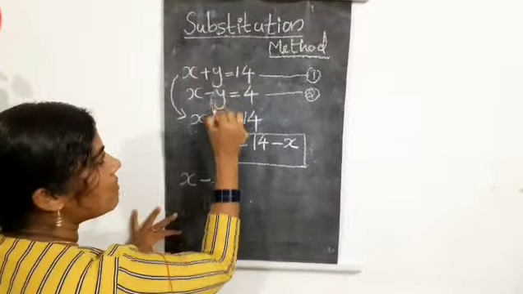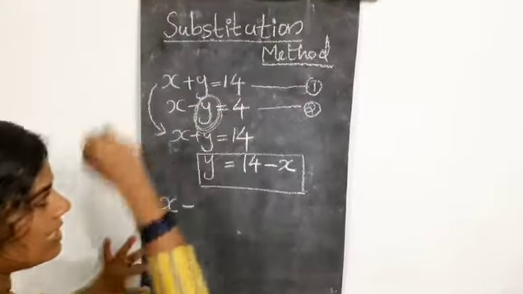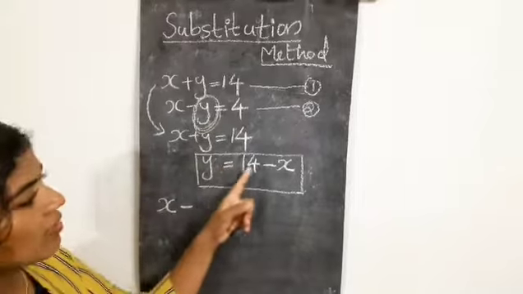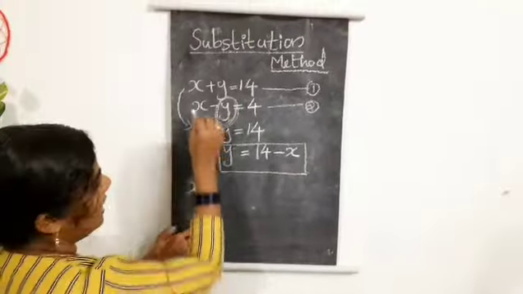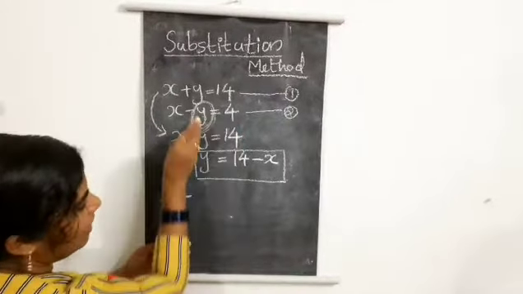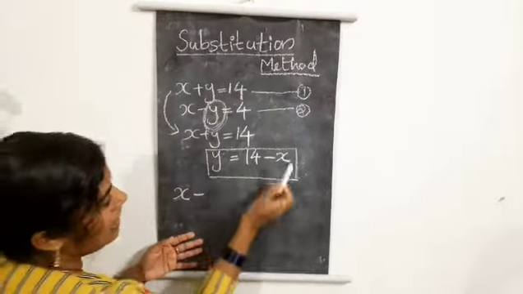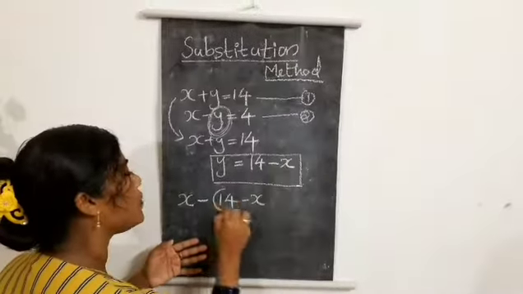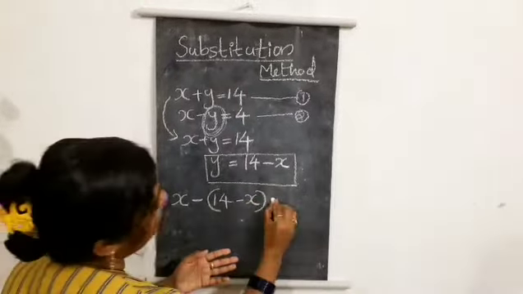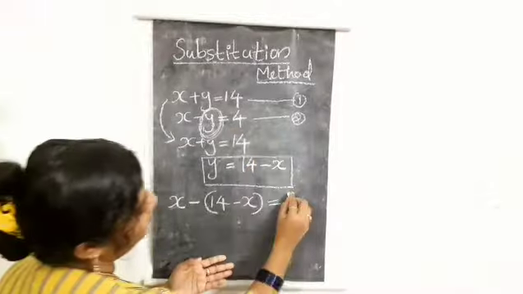In y's place we just write 14 minus x. When you are substituting you have to use brackets. Then it is equal to 4.